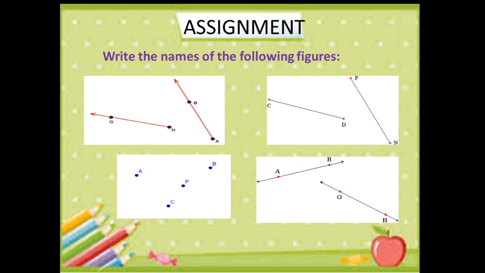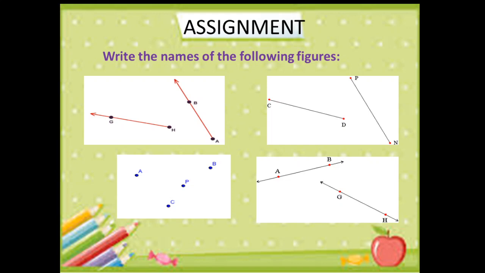Next, you have points. You'll draw the diagram and write point A. Second one, draw the diagram, point C, and the rest. Last one, you have a line which is having two arrowheads. So you'll draw the diagram and write below line AB and second one line GH.